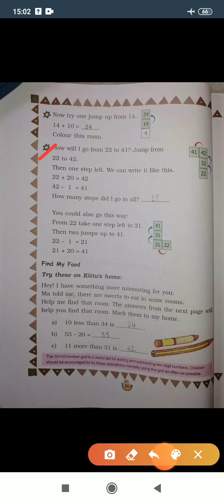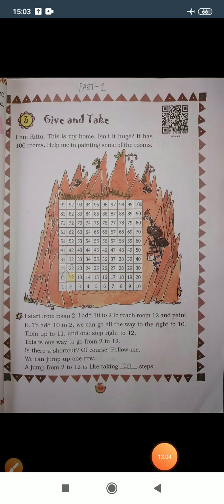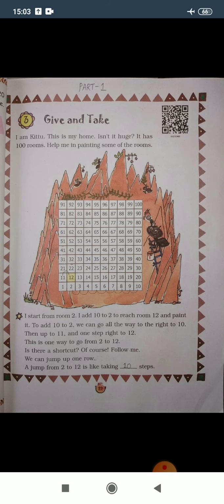Now next question: how will I go from 22 to 41? Let's see in the picture. So we need to find the jump from 22. Where is 22?